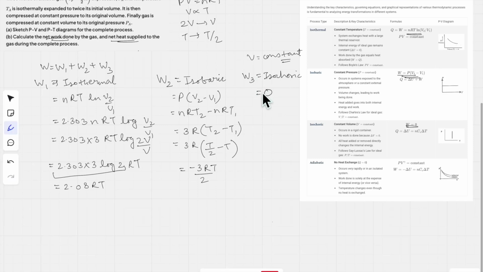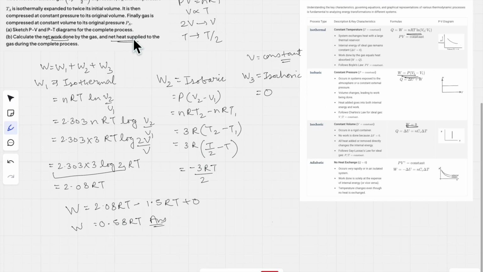So W3 would be 0. So net work done would be 2.08 RT minus 1.5 RT plus 0. So this would be approximately 0.58 RT. This is my answer for the net work done.